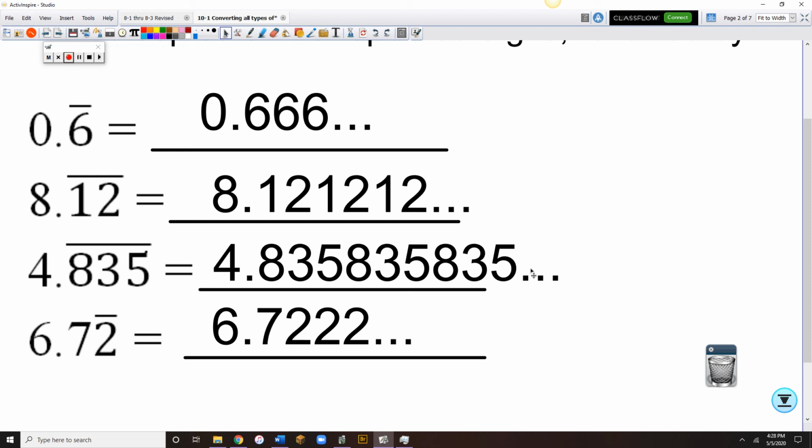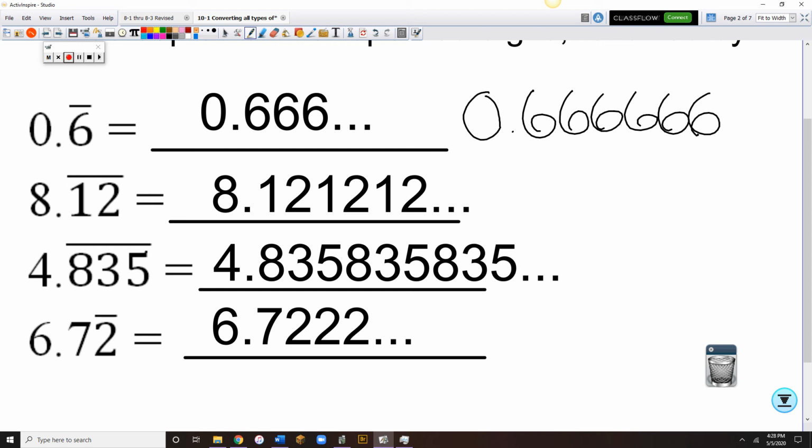So 0.6 repeating on your assignment would look like 0.666666 without the dots. And this is just for the purposes of the Classkick assignment.